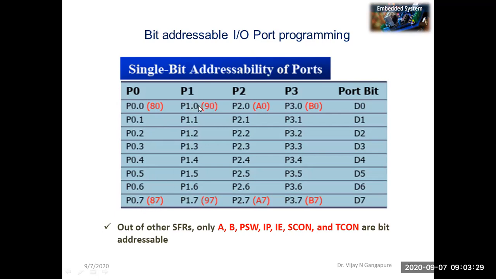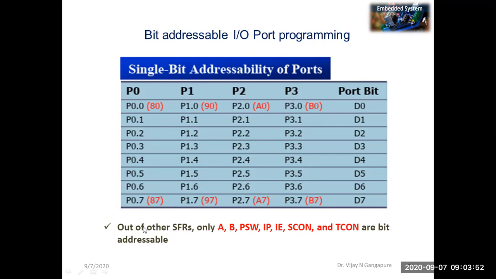In this way port 1 has pin addresses ranging from 90 to 97, port 2 pins range from A0 to A7, and port 3 ranges from B0 to B7.